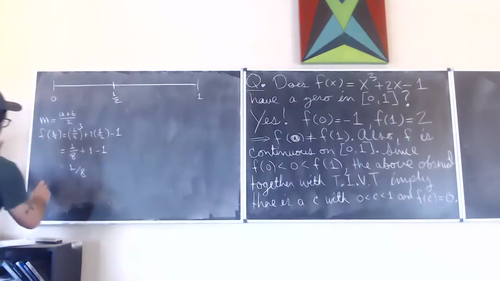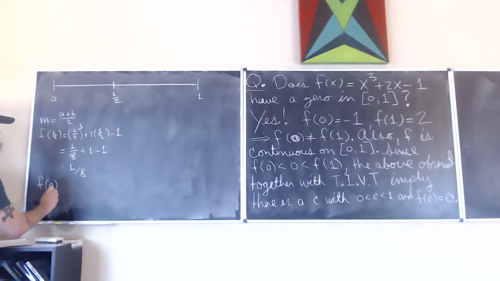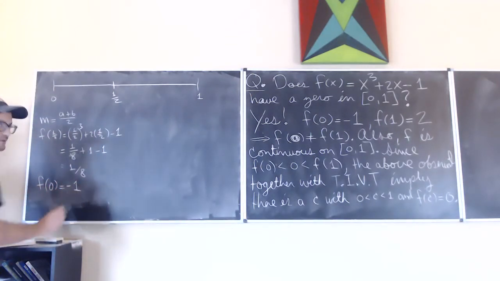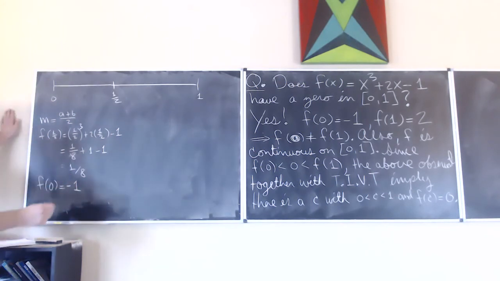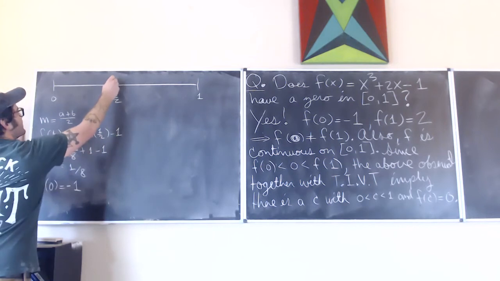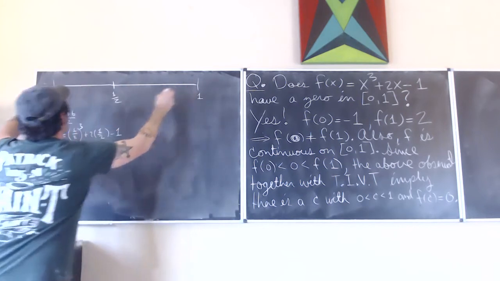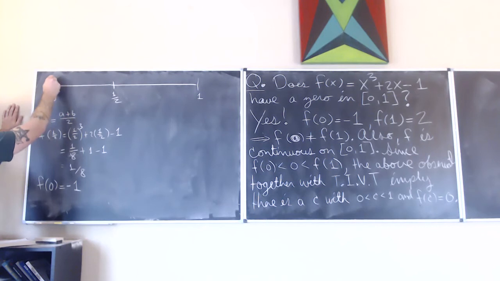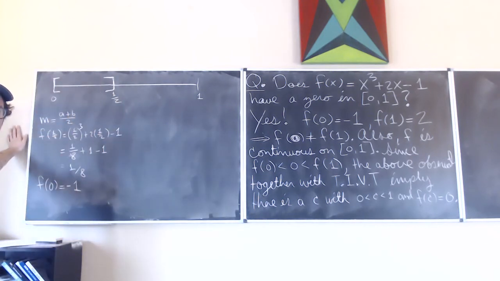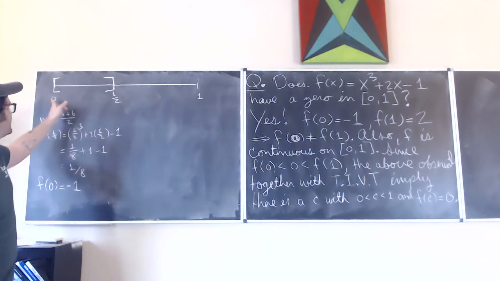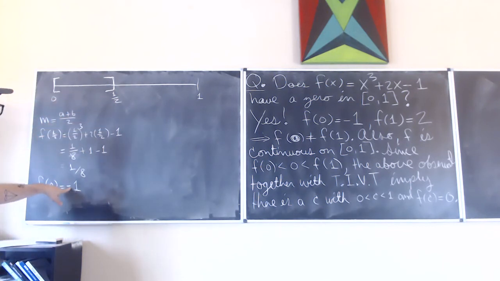And f of 1/2 is positive 1/8. So the intermediate value theorem now says that we don't have to look all here. We can just look in there. The function is continuous between 0 and 1/2. It's negative at f of 0, and it's positive at f of 1/2.